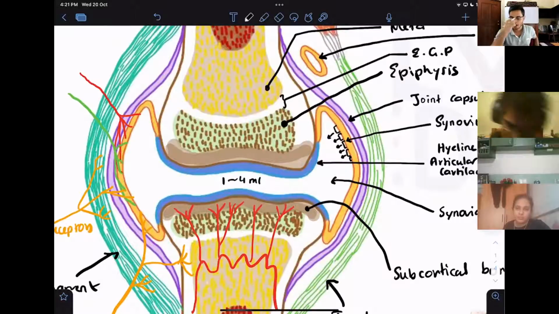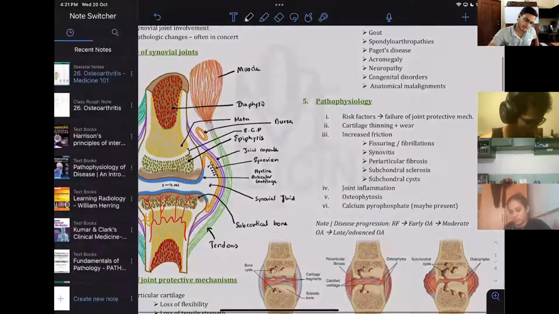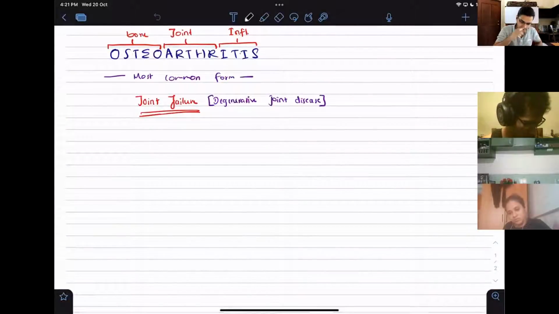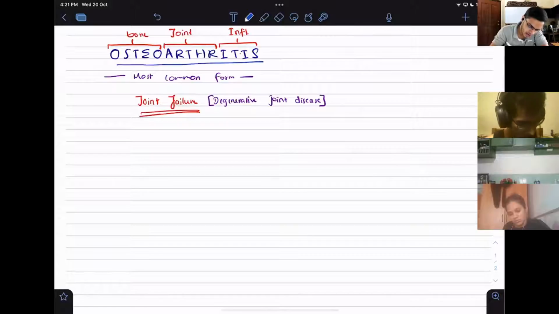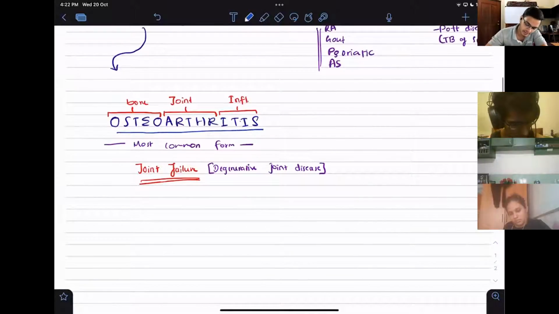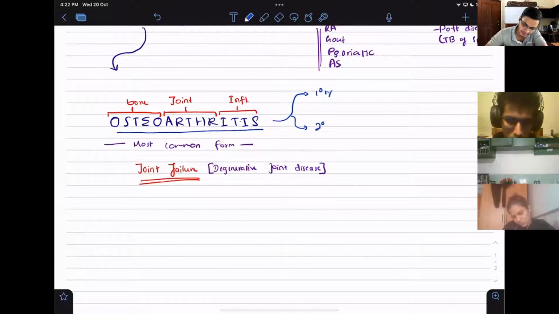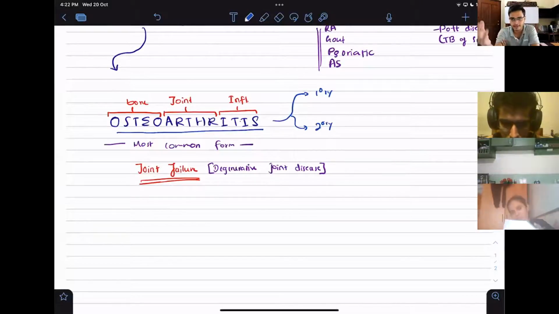Now that that's out of the way, one more thing we need to talk about before we go into this: osteoarthritis. How do we classify osteoarthritis? We mainly classify it into two: primary and secondary osteoarthritis.